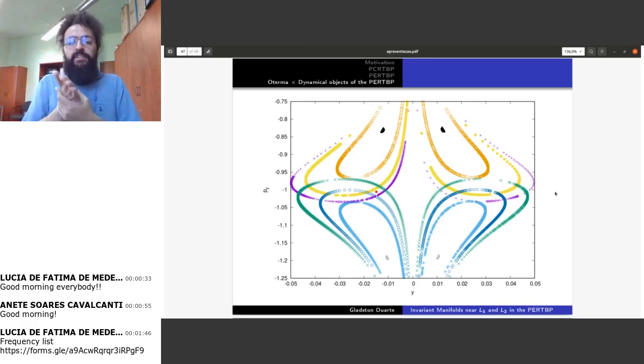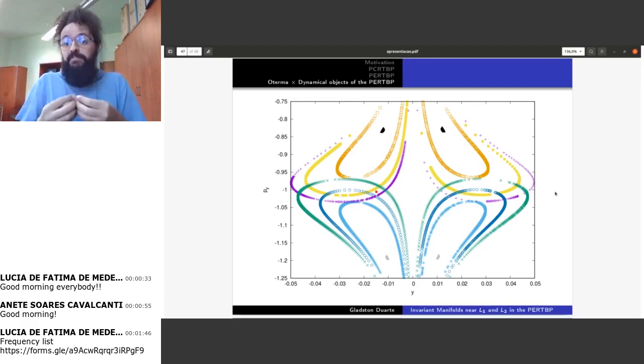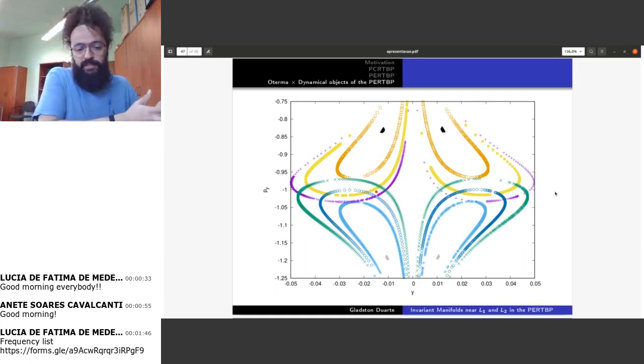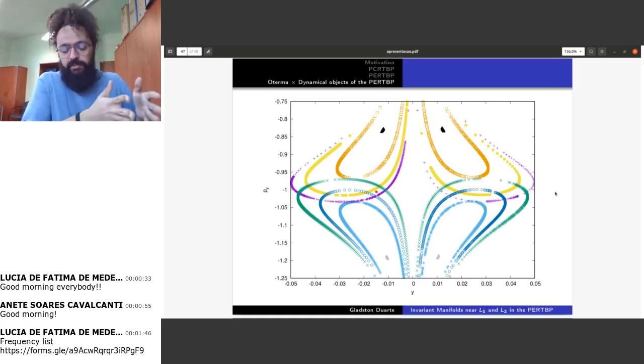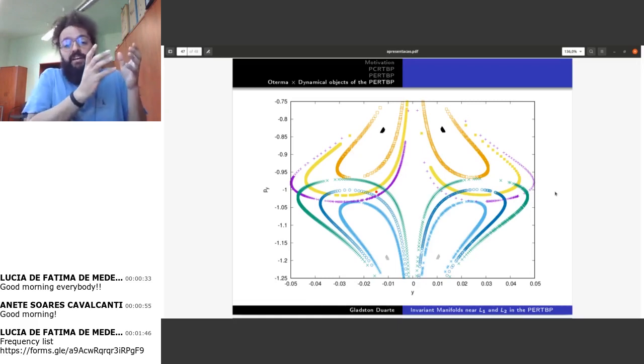Here, the codimension of these manifolds is 2. So they do not divide anymore the phase space between the inside and outside. Of course, we might expect some similar behavior as it comes from the system that has this behavior, but it's not a mathematical proof. It's a numerical indication of it.